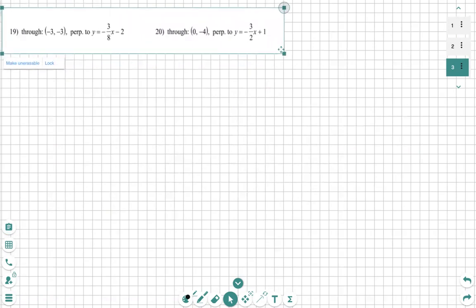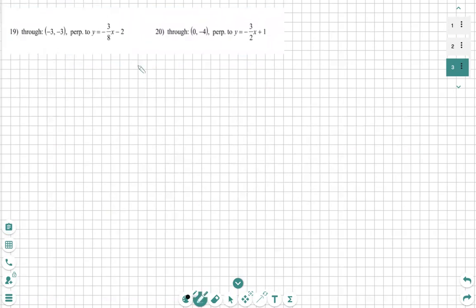For perpendicular lines, again, our process remains the same. My m first recognized is the number in front of the x, -3/8. The m that I want will be the negative flip, or the perpendicular, which is going to be equal to 8/3, and it's going to be positive.